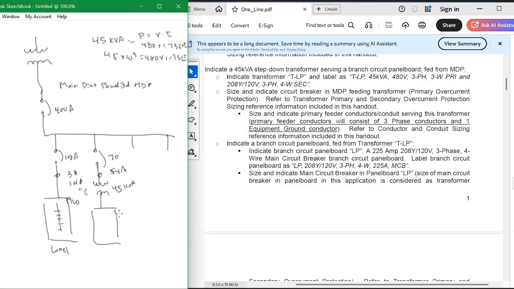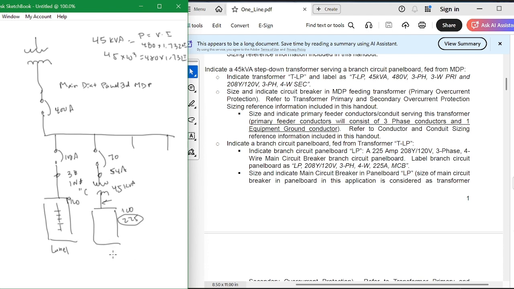And it says to use a 225, which makes sense because the sizes are 100, and then I don't know if there is a 200 or if 225 is the next size up. I don't know, but he says use a 225, so you're going to use a 225 here. But you're going to have to put a main circuit breaker in here that's under that, because you can't load this up to 225 amps. You can only load it up to what this wire can carry. So how many amps can you carry on this wire?